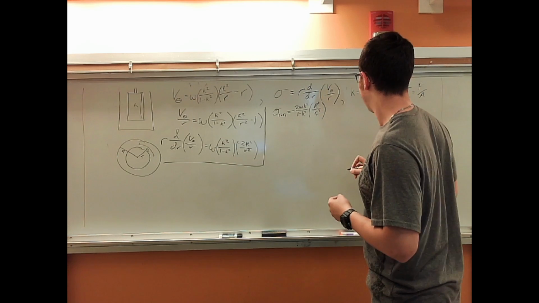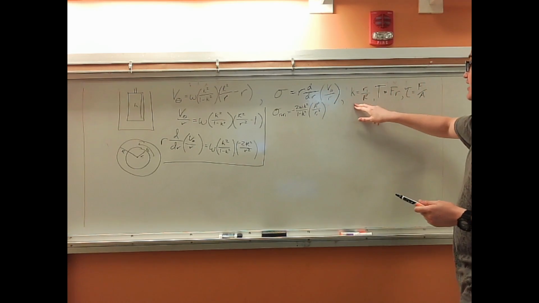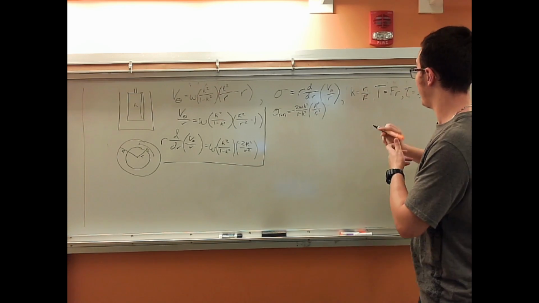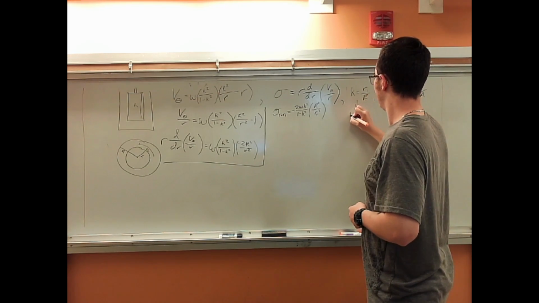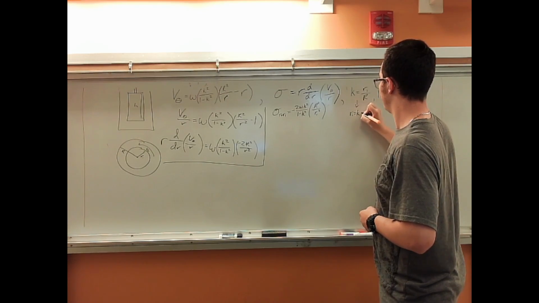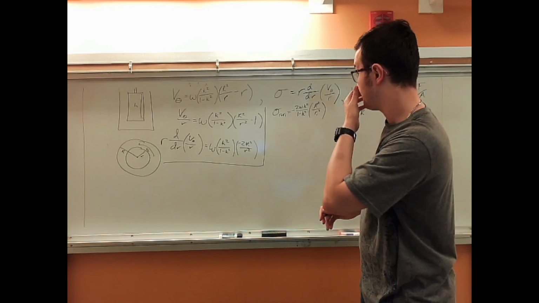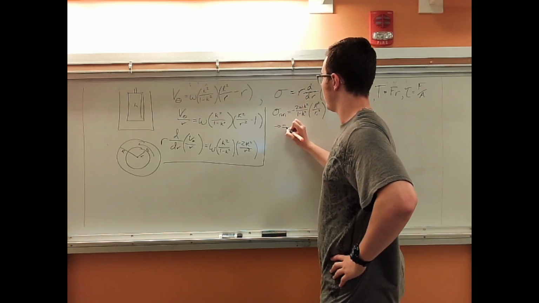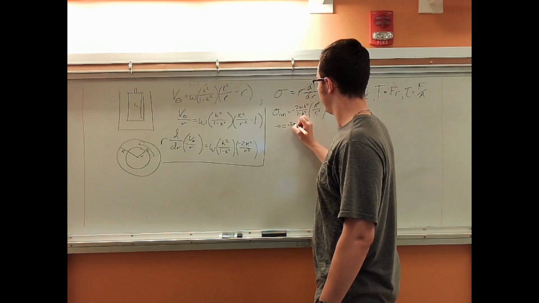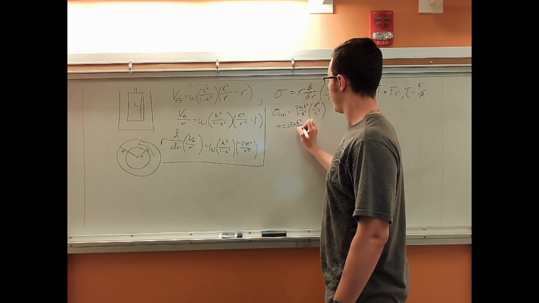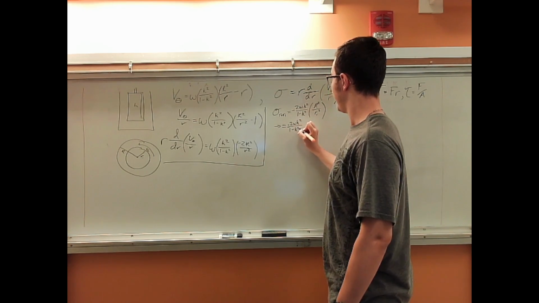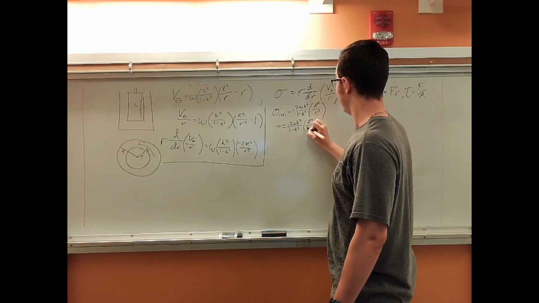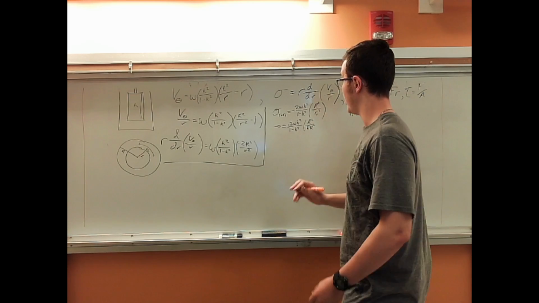We also have, since k is equal to ri divided by r, we know that ri, I'll draw an arrow down, ri is equal to k times r. So that means that sigma is equal to negative 2 omega k squared, 1 minus k squared, r squared over k squared r squared.